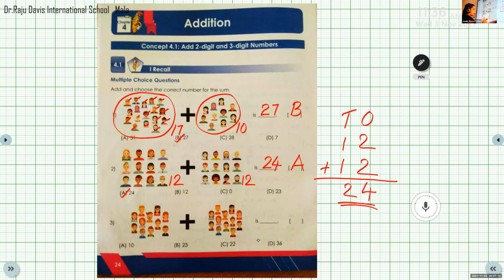Okay, so please add 11 plus 12. 23. Yes, in the ones place 3 and in the tens place 2. 23 is the answer. All of you please write 23. Which option is it? Option B.